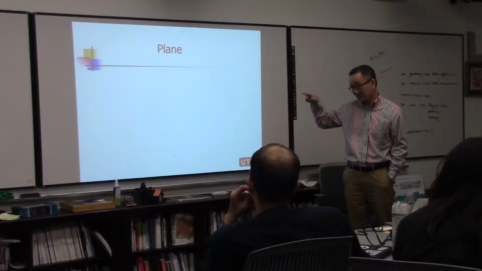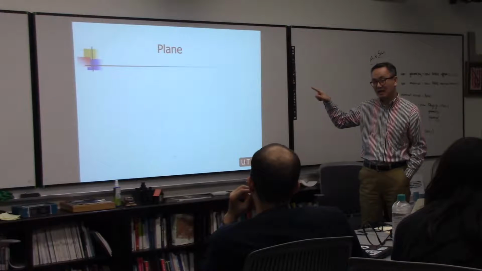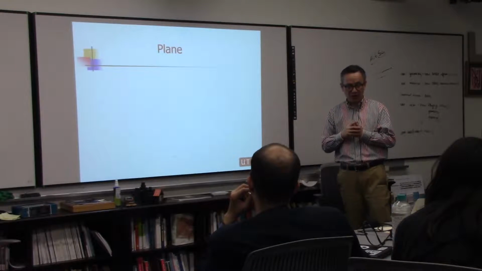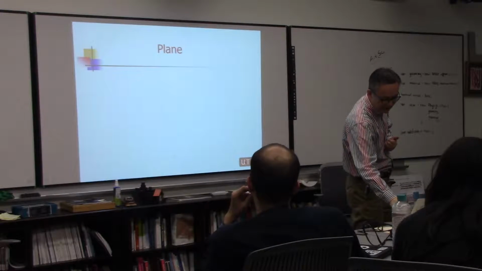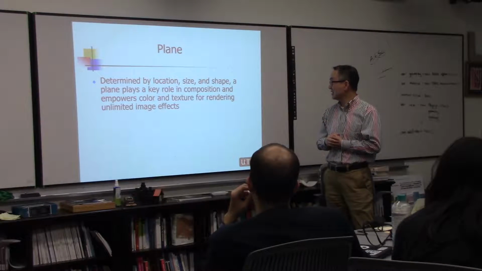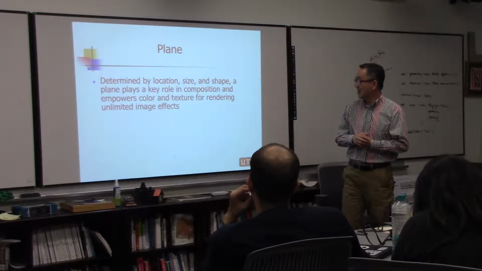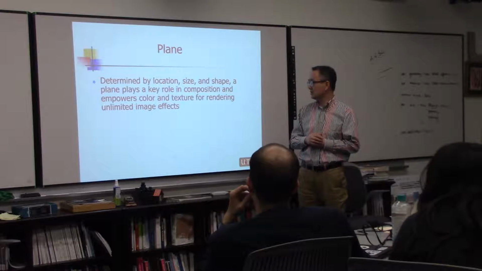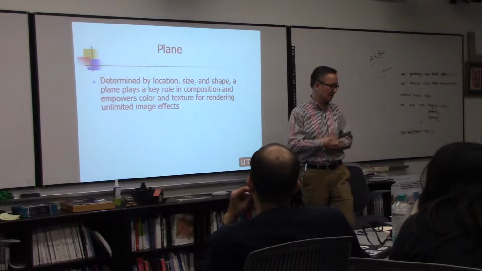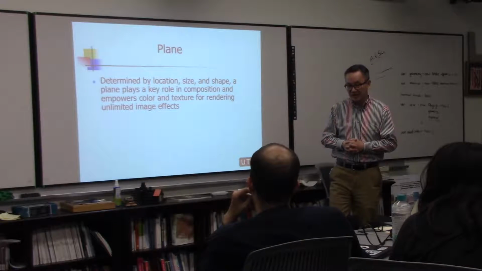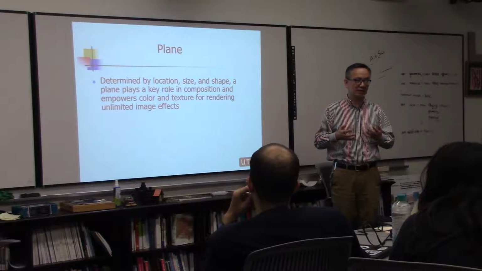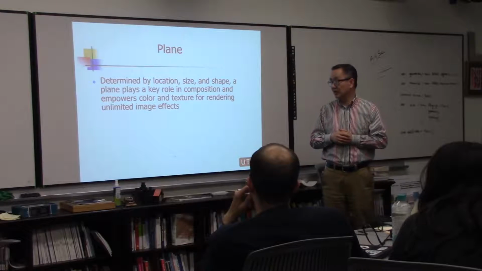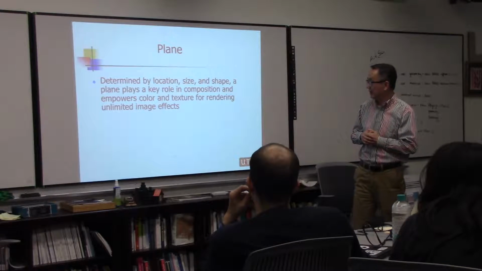I will show you in the context of a plane how to draw the graph using force. The plane, the third form, is determined by location, size, and shape. A plane can play a key role in composition and empowers color and texture for rendering unlimited image effects. That is in art, basically: you can paint whatever creative image there.